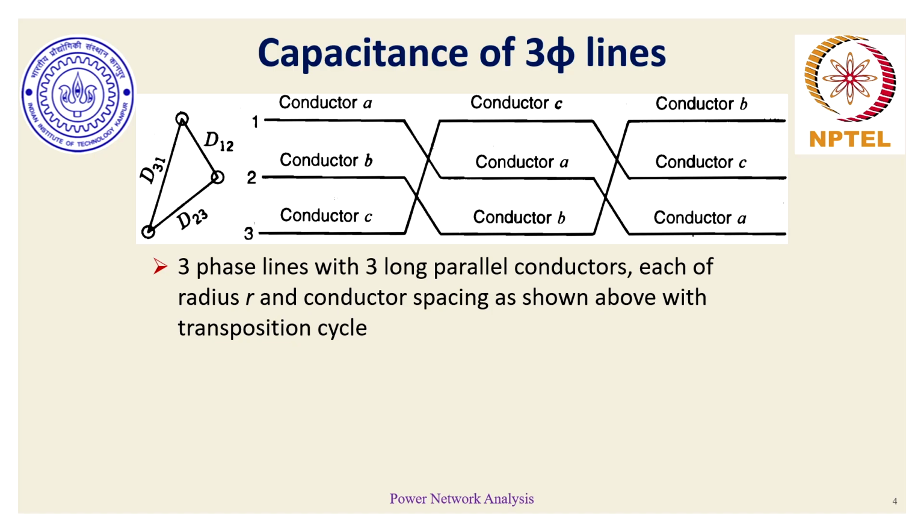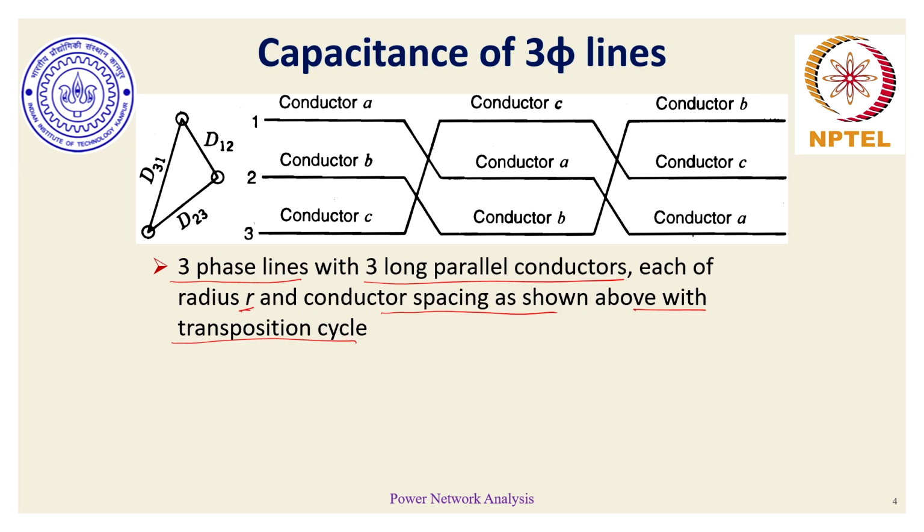So no matter whether the system is operating with balanced sources or loads, the network would result in unbalances. For the sake of our discussion, we have three-phase lines, which are three long parallel strands or conductors. We have still not talked about composite conductors or bundle conductors yet. These conductors are of similar nature, that is, their radiuses are the same, r, and the spacing between them varies depending on the transposition cycle.